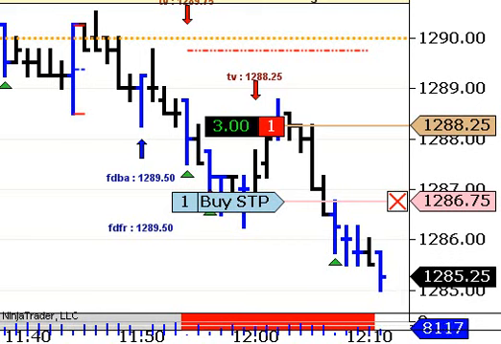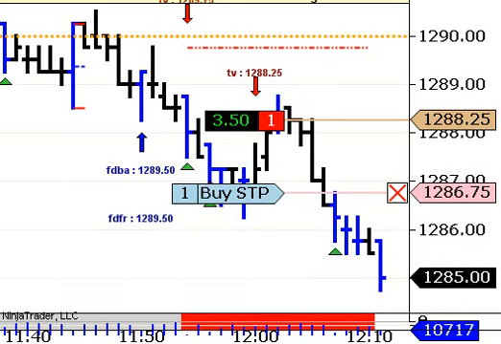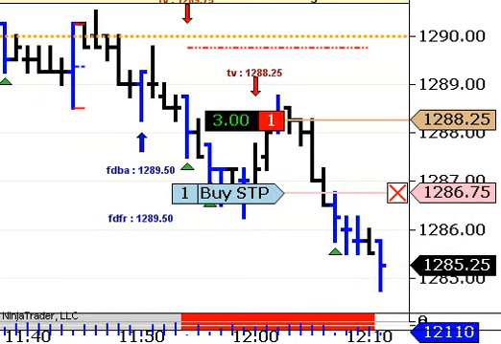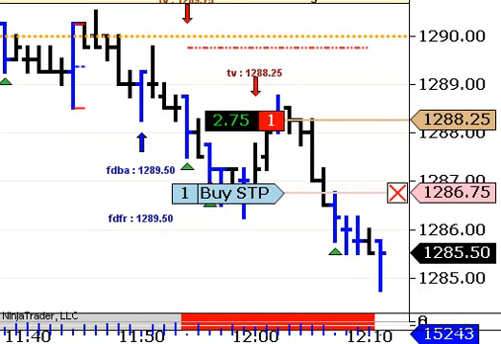And so this is good. Now we've got another selling paint bar forming, and so we will be adjusting our stop here. As long as this high holds, we will adjust the stop at the end of this bar.